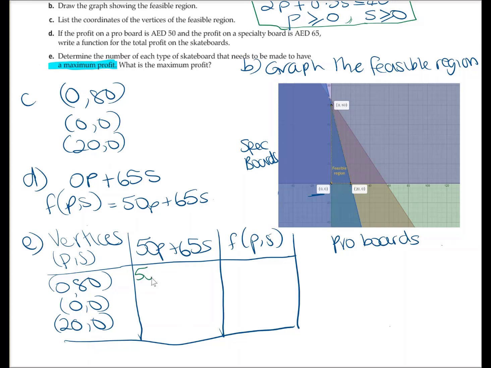So 50 multiplied by 0 plus 65 multiplied by 80. 50 multiplied by 0 plus 65 times 0. And then 50 multiplied by 20 plus 65 times 0. So let's just tidy that up a bit.